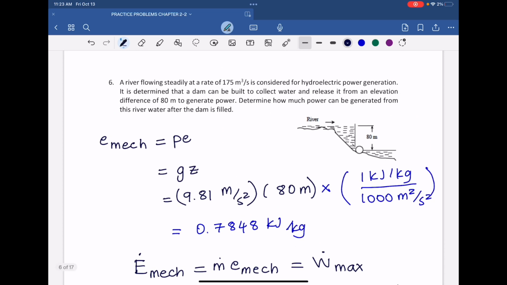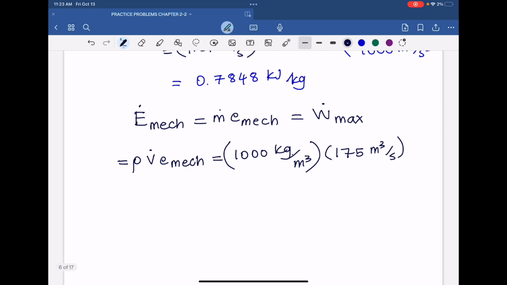Let's check it. Good. And then we continue, right? We're going to multiply by the mechanical energy, which is 0.7848 kilojoule per kilogram.